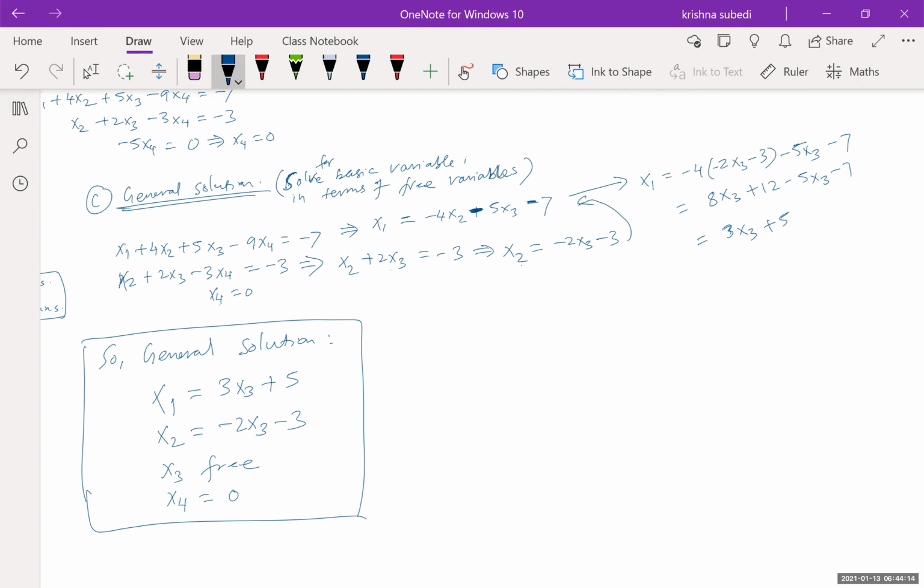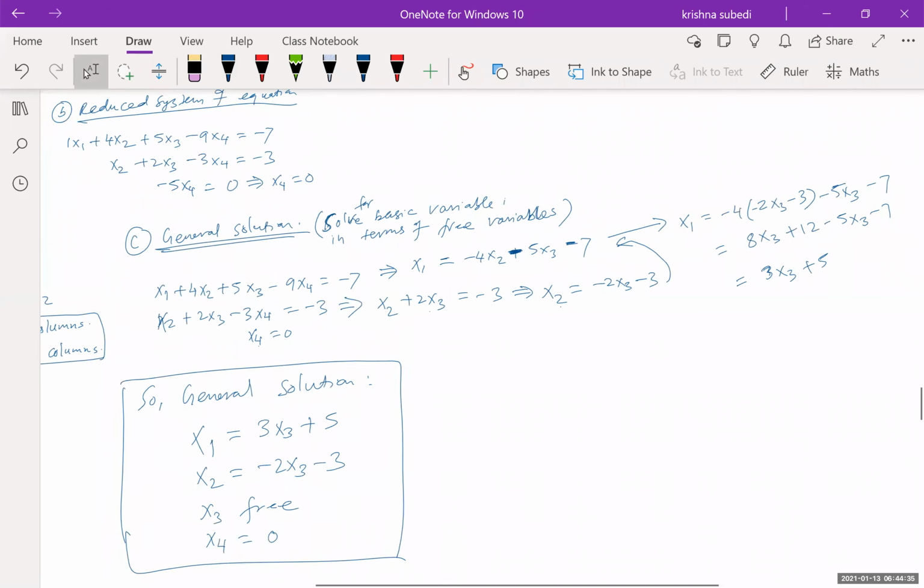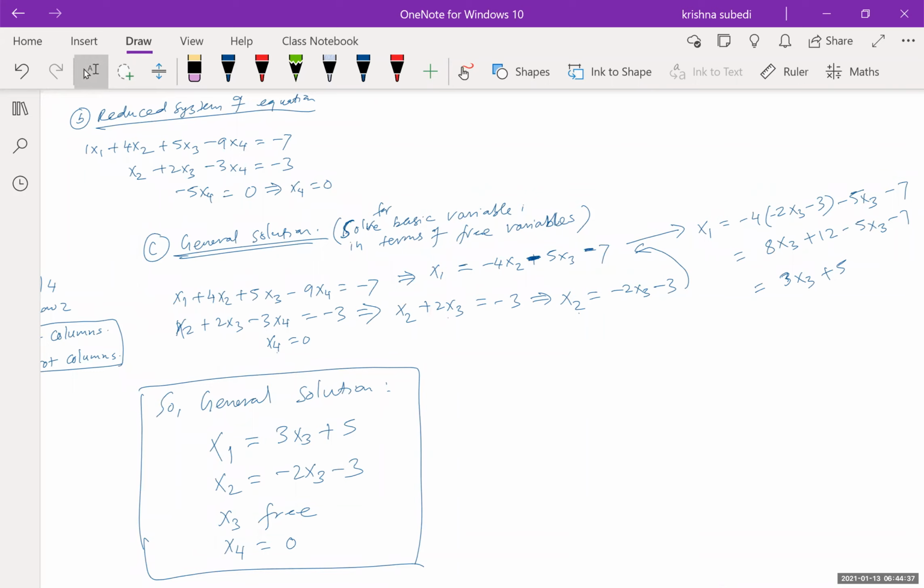So when we say that x3 is free, does it mean that it can be any number? We will talk about the meaning of this later, but I just want to give you a heads up. X3 free means in this system there are 4 variables and 3 equations, right?